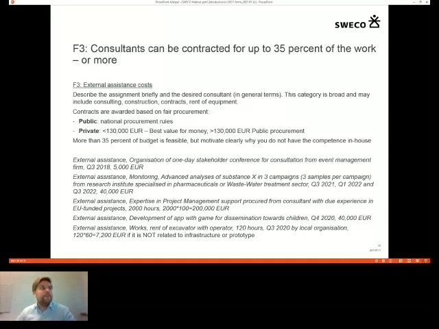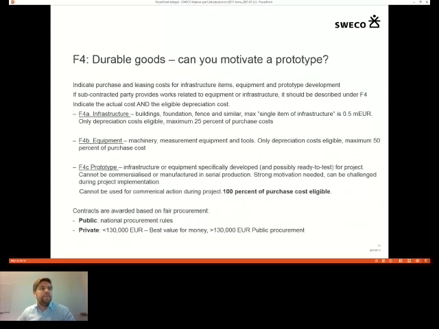We will go over to the next cost category, F4, which is durable goods, infrastructure, equipment, and prototype. This will require a couple of slides to explain in a thorough way.